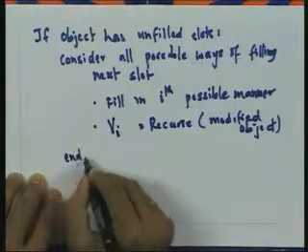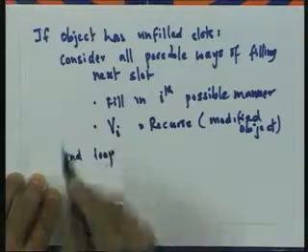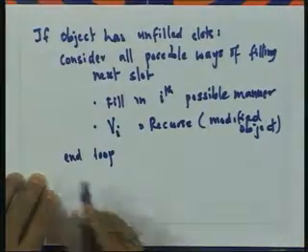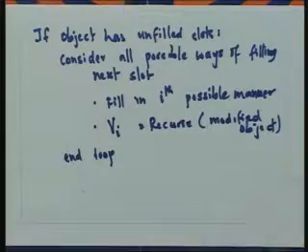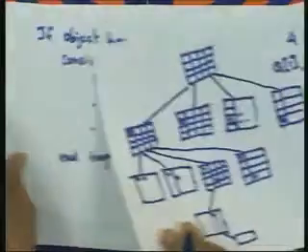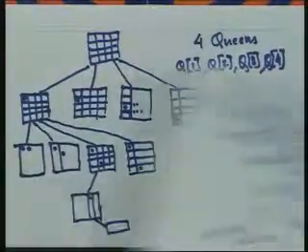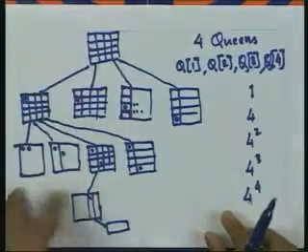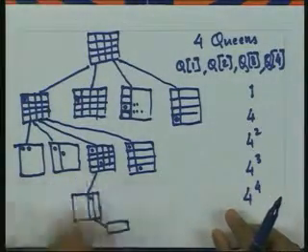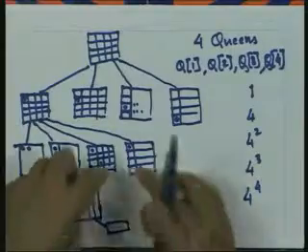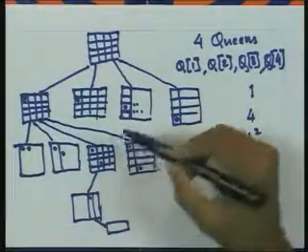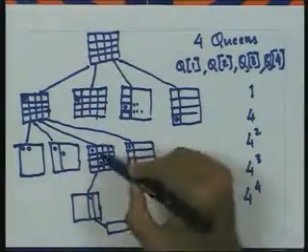So think of this as being a loop. And now the idea is something like this. We are going to go over all possible leaves underneath.